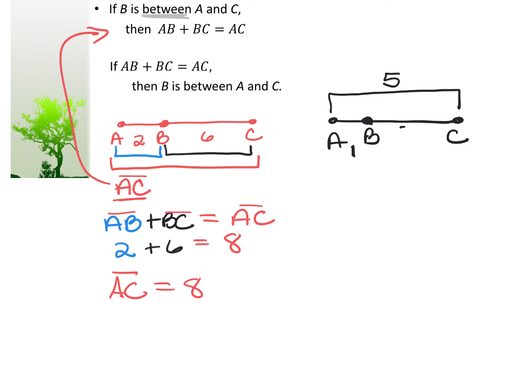And I want you to find how big BC is. So again, I'm going to do the same thing. This is where our Algebra 1 skills are going to come into play. AB plus BC equals AC. Now what I'm going to do is I'm going to state that BC, I'm going to call this X.